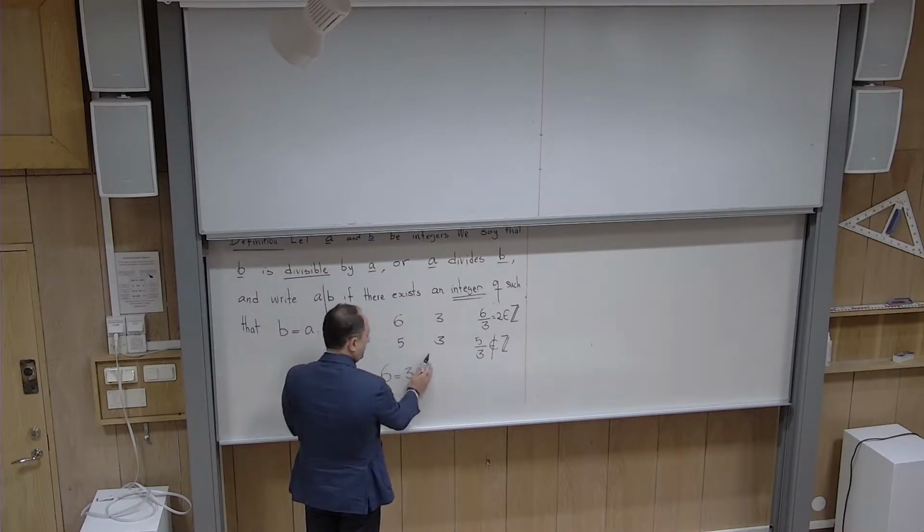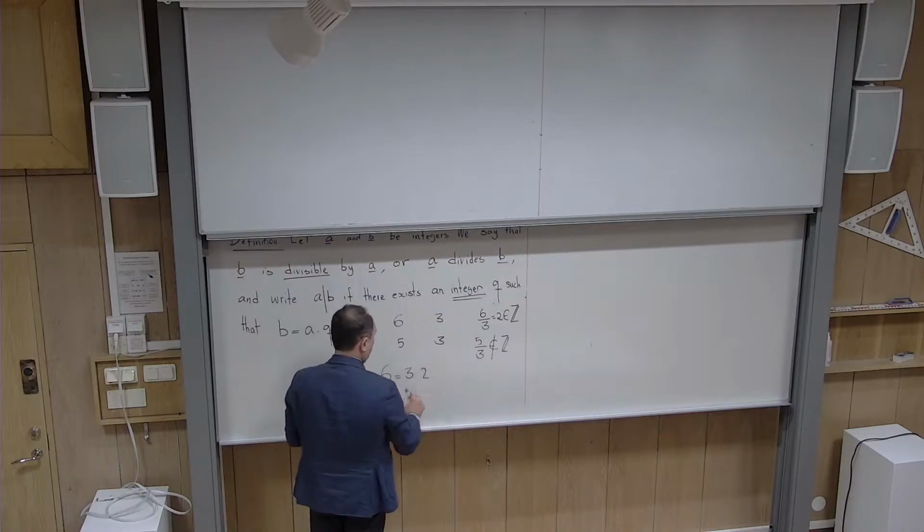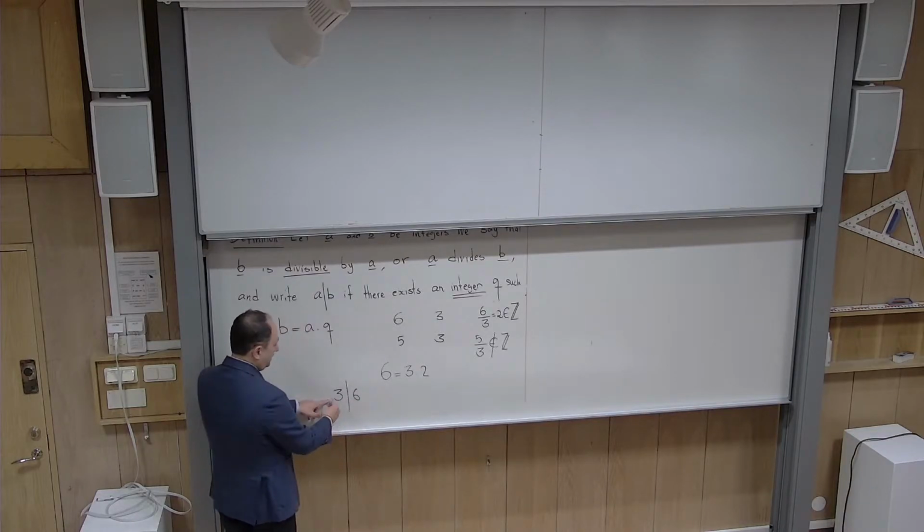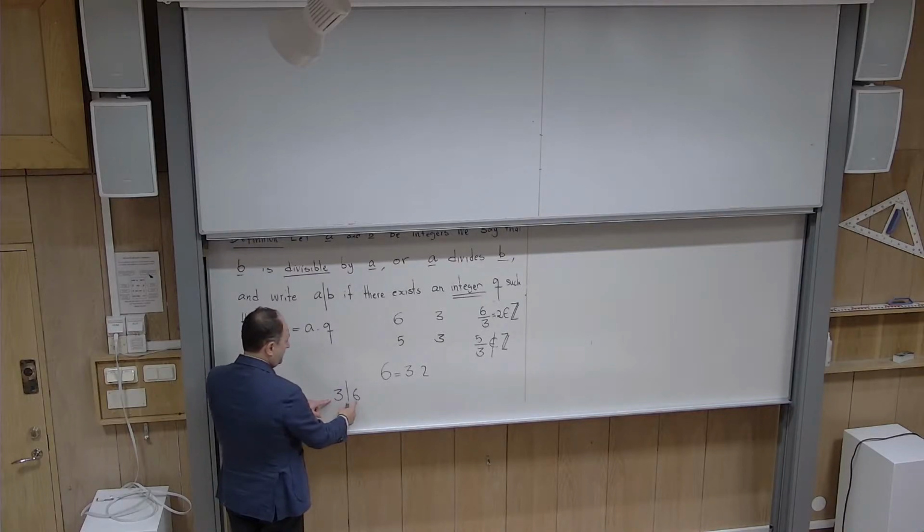That's the way that you mention it, and I want to follow that here. So we say that 3 divides 6. If you read it from left to right, you read 3 divides 6. But if you read from right to left, you say that 6 is divisible by 3.